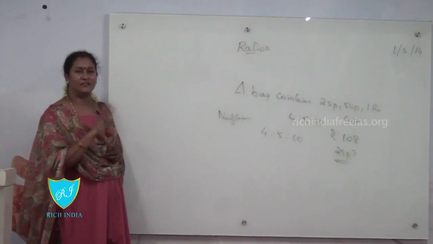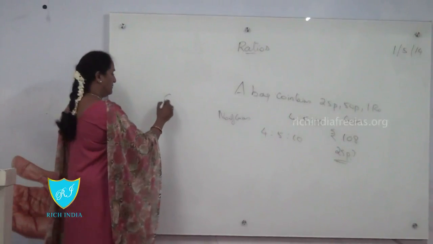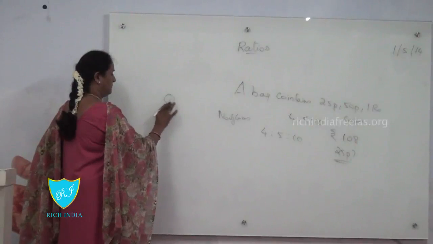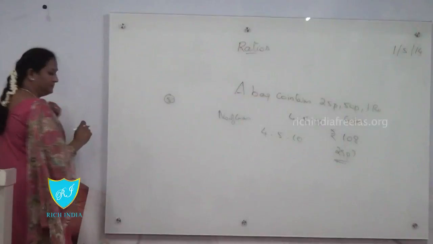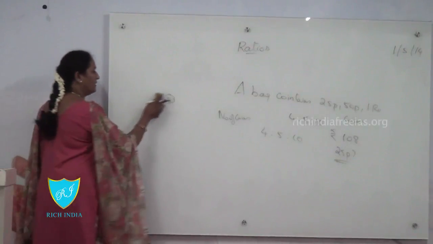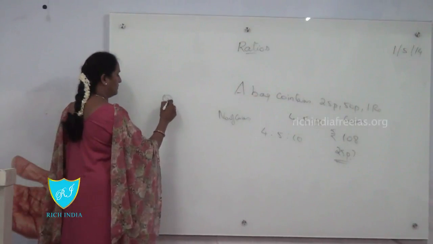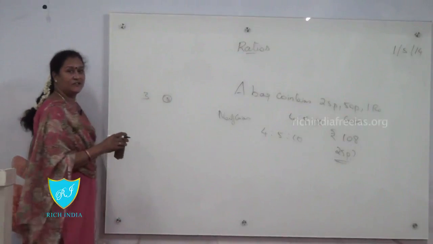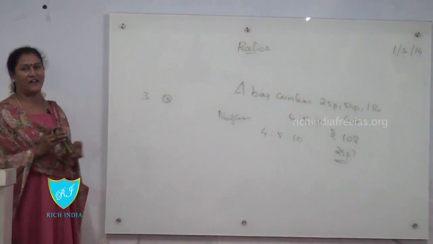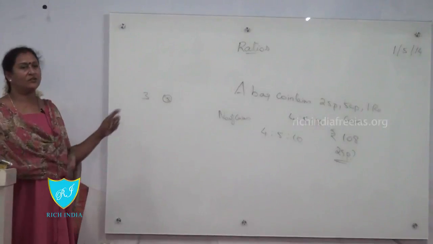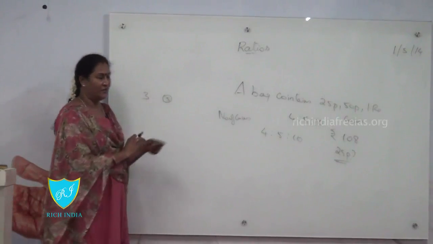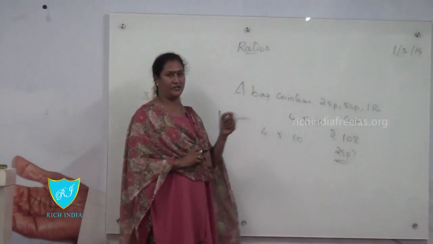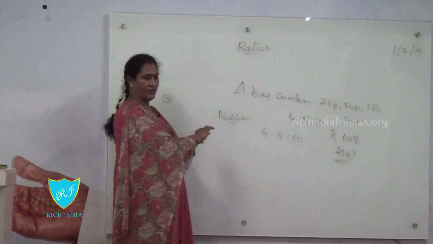When you have 3 five-rupee coins, what will be the value? You multiply 3 into 5 to get the value. Just 3 is not the value. This is only the ratio of the number of coins. So for value, you take a ratio.